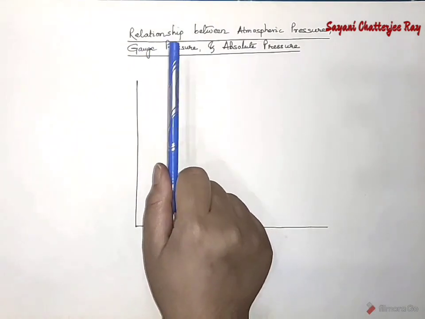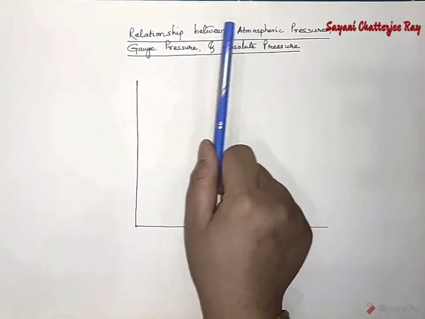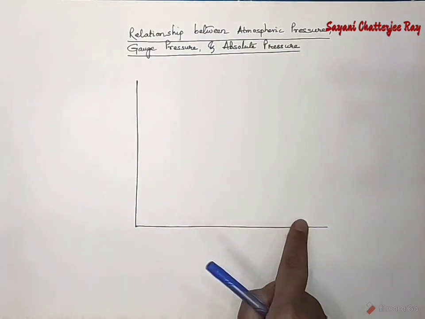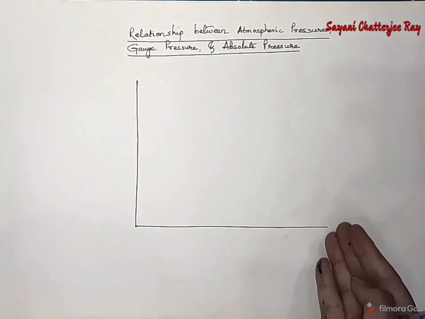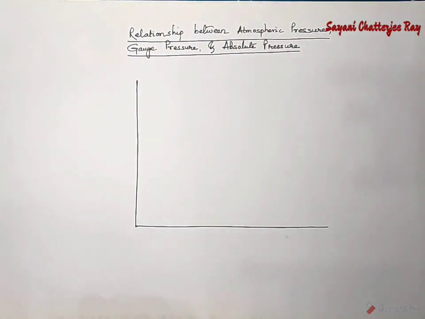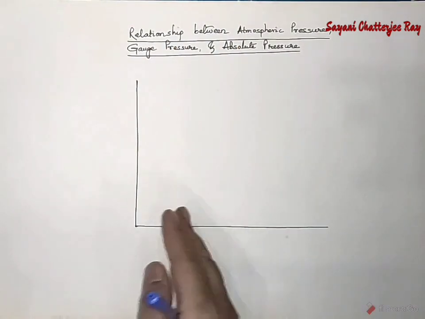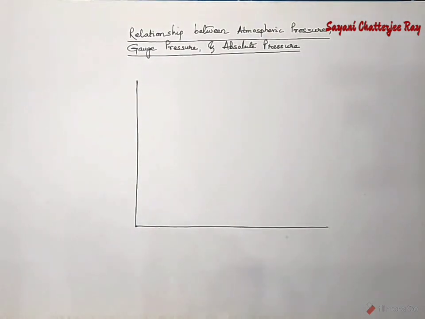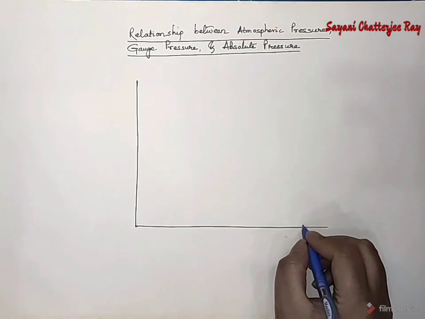Now we will discuss the relationship between atmospheric pressure, gauge pressure and absolute pressure. So this is our absolute zero or complete vacuum, and with reference to this we are going to establish this relationship between atmospheric pressure, gauge pressure and absolute pressure, and this one will be the pressure. So I will be writing it first.